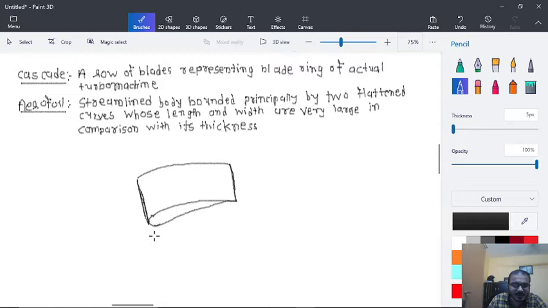So you can see that the length is higher, the width is also sufficient, and you can see that here the thickness is very low. So that's the case.